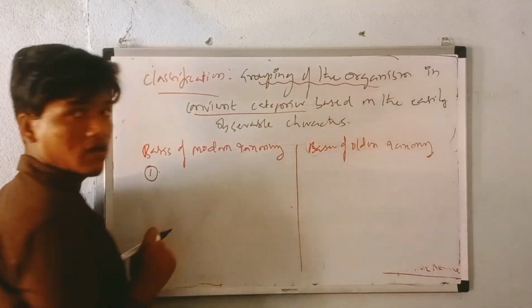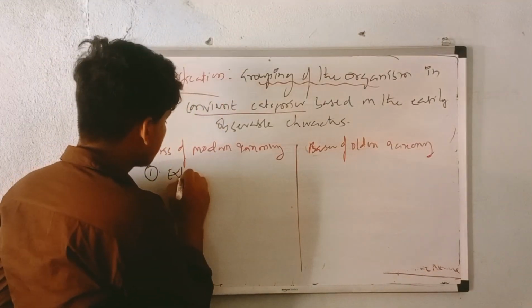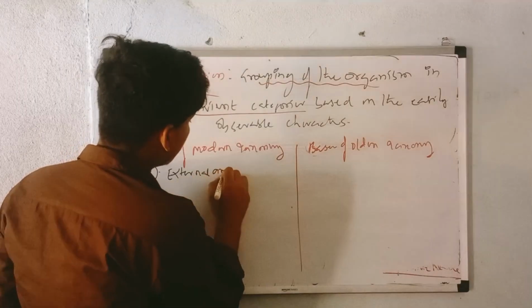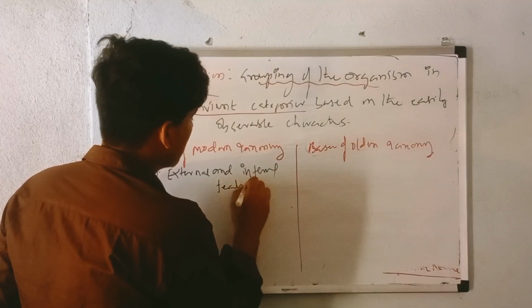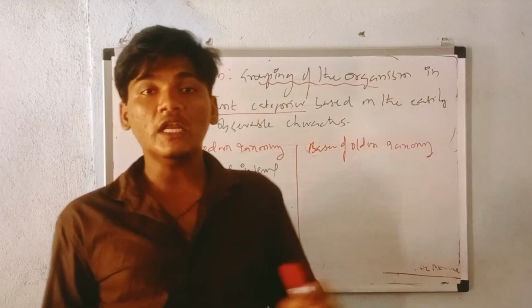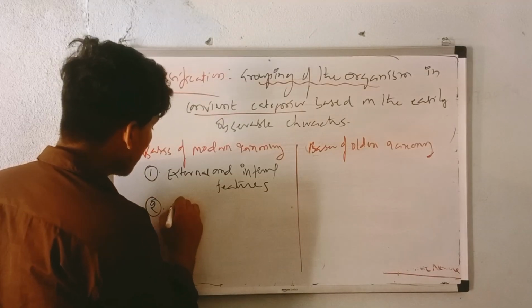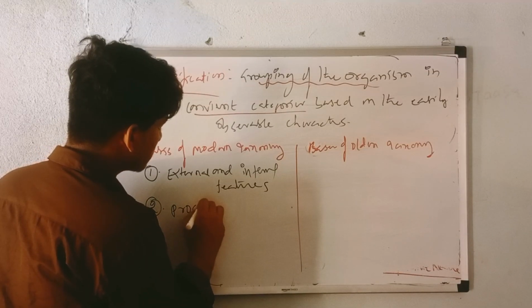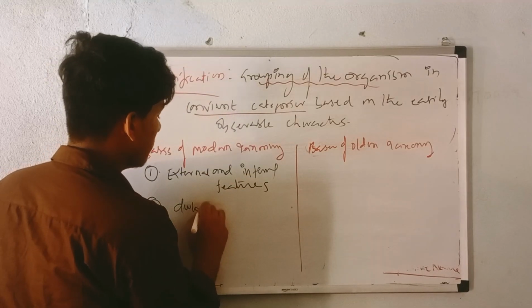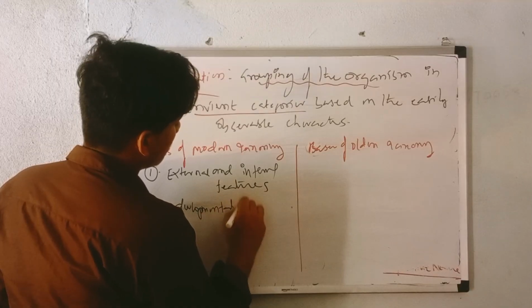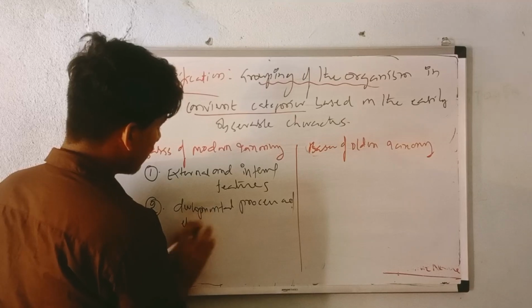The first is external and internal features. The second is developmental processes and ecological information.